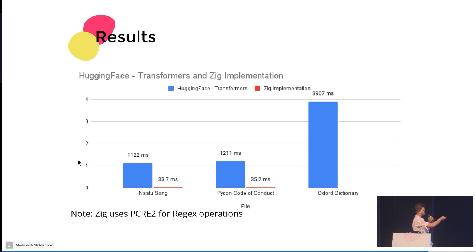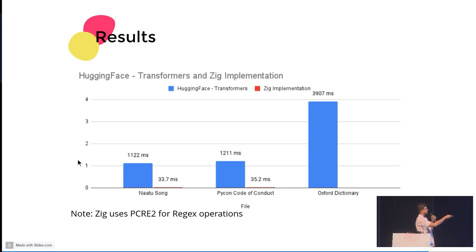And make a note of this: the tokenizer requires a regular expression library because the Zig ecosystem is not yet matured. So I have interfaced Zig with the PCRE2 library, which is built using C.